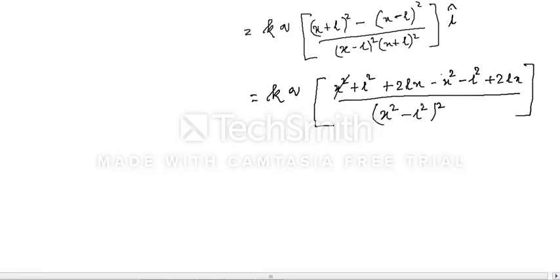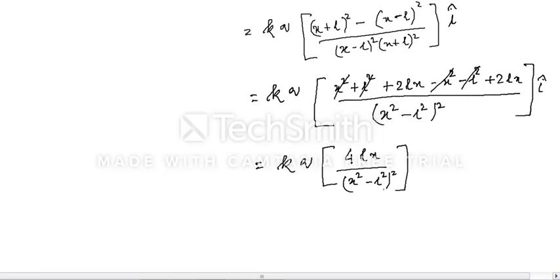So this x square and L square are getting cancelled. So we are getting kq multiplied with 4Lx by x square minus L square whole square, this much i cap.